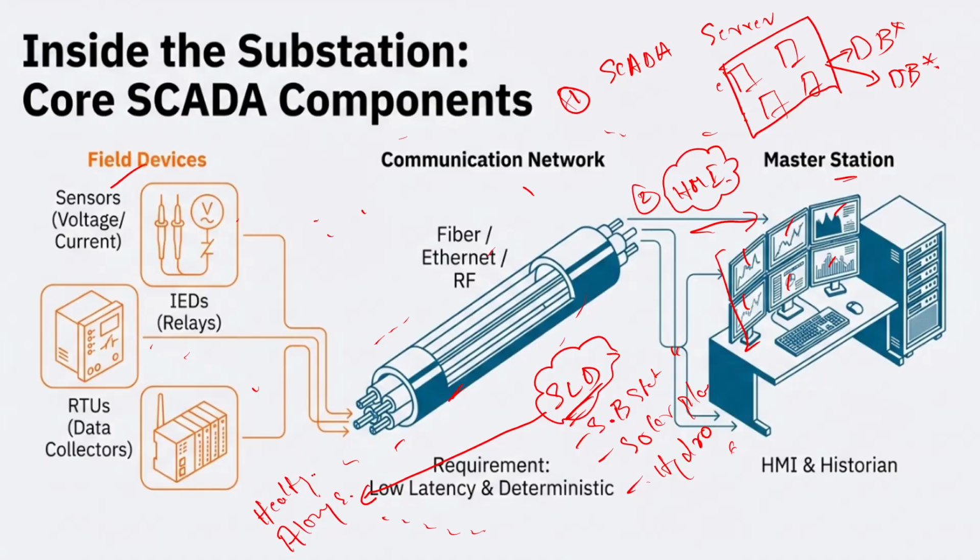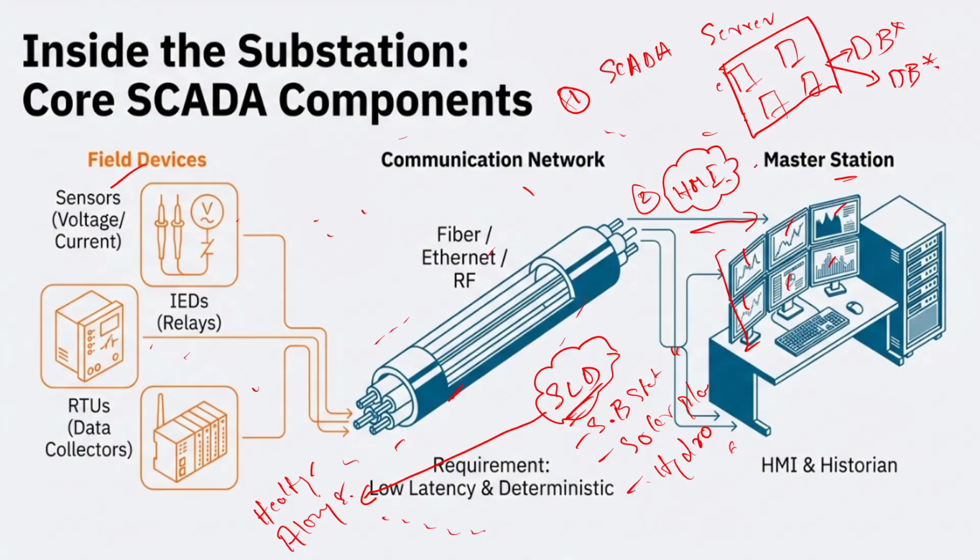These are all flags which can be seen in the SLD, and the operator can simply address the problem. For example, if we have an alarm within the transformer, he can go and fix that issue. So this is the important part of the SCADA system within the HMI.